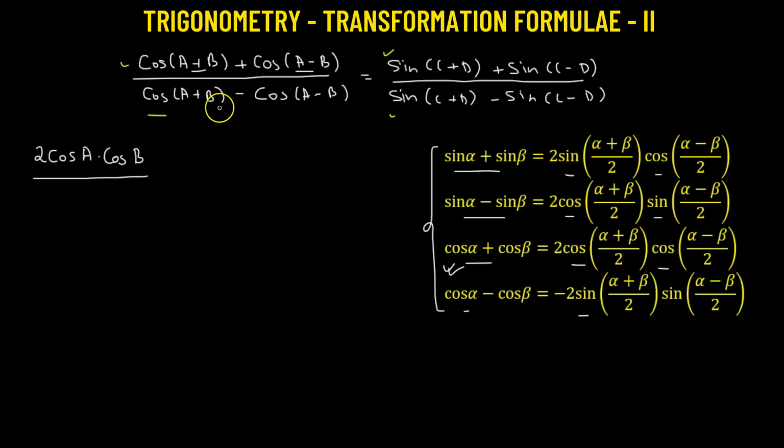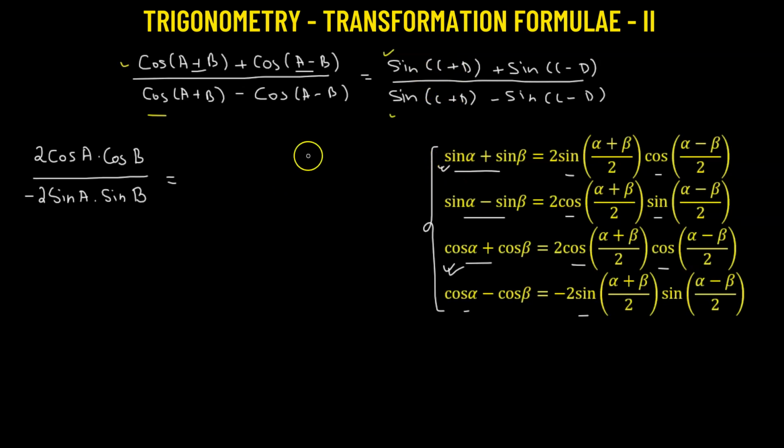Whole divided by, now we have the difference of two cosine functions. So this is negative 2 times sine of angle (a plus b added to a minus b) divided by 2, which is simply a, multiplied by sine of angle b.